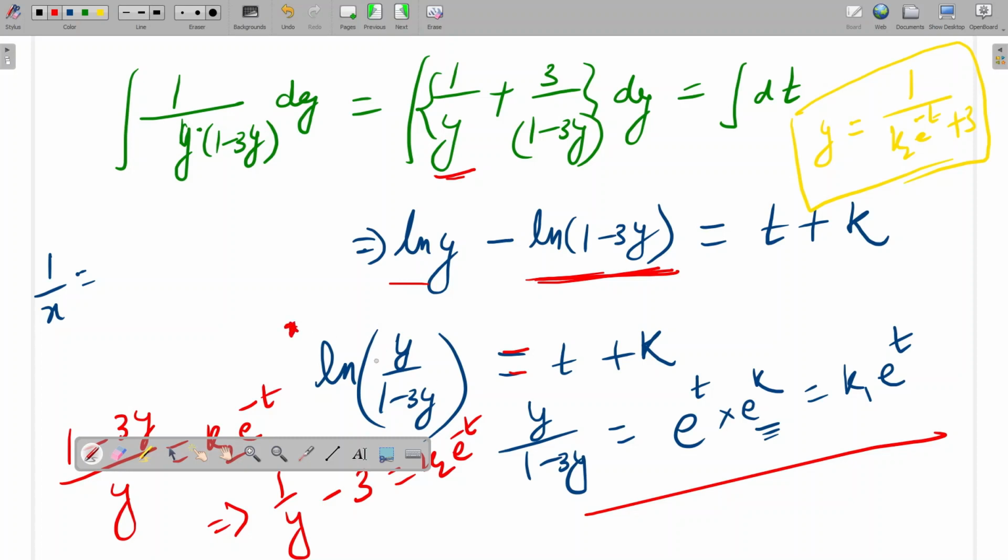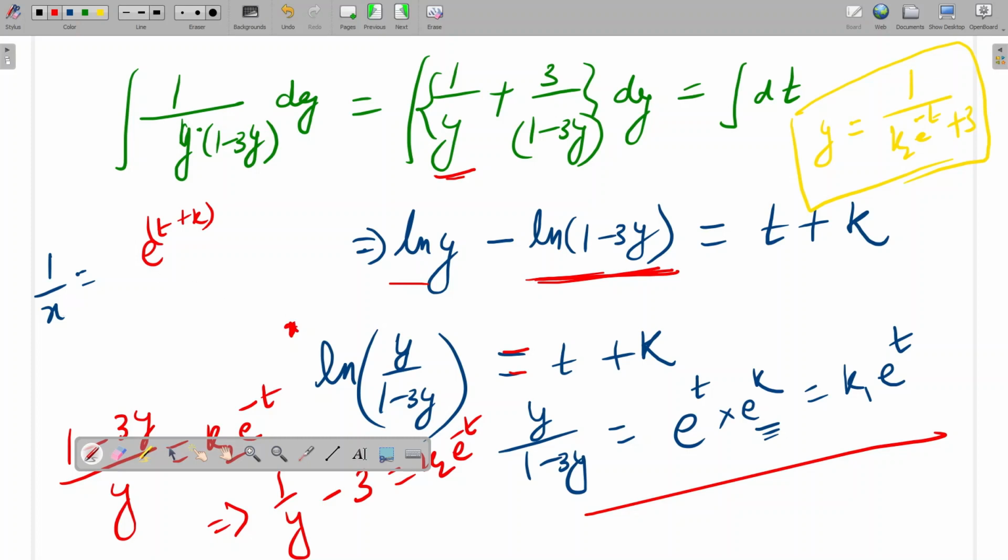After this, if we remove ln, y divided by 1 minus 3y is equal to e to the power t plus k. Is that correct?